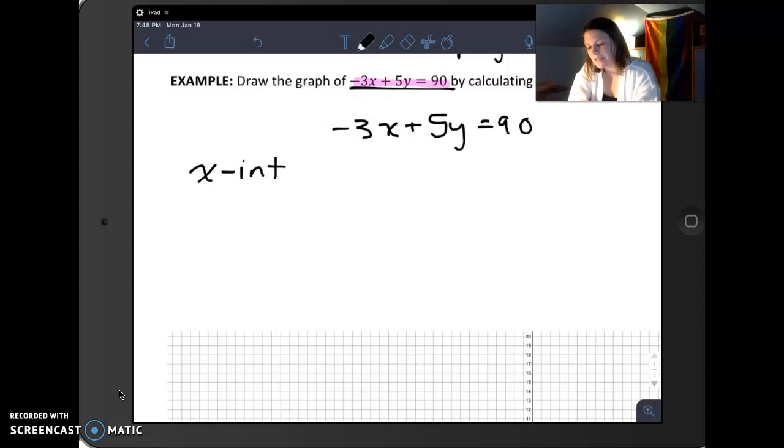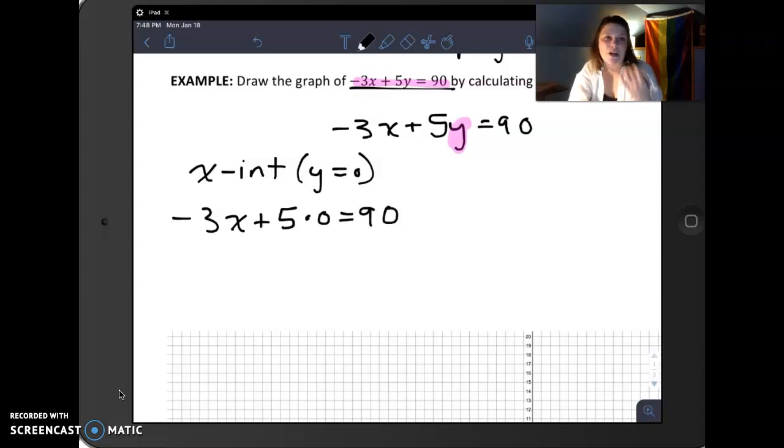Remember, the x-intercept is when y equals 0, so we're going to plug in 0 for y. Negative 3x plus 5 times 0 equals 90. Remember, when the 5 is next to the y, it means multiply, just like when we solved for b. You always had to multiply the slope times the x, the m times the x, before you solved for b.